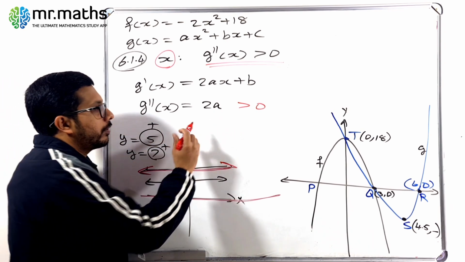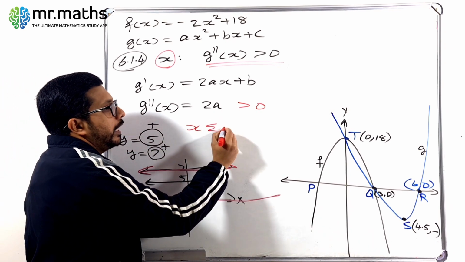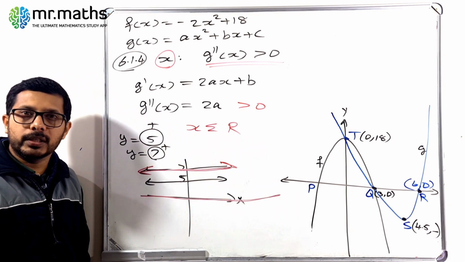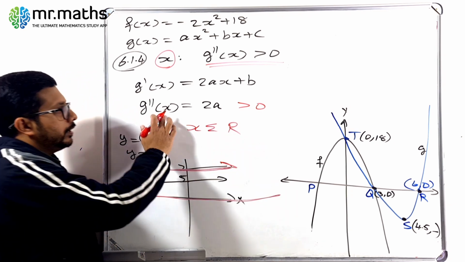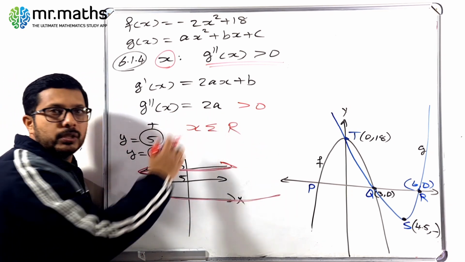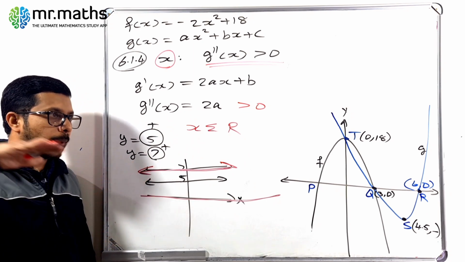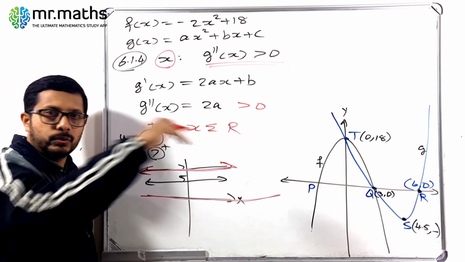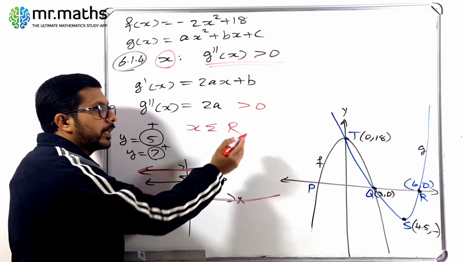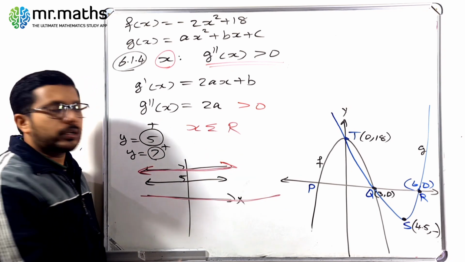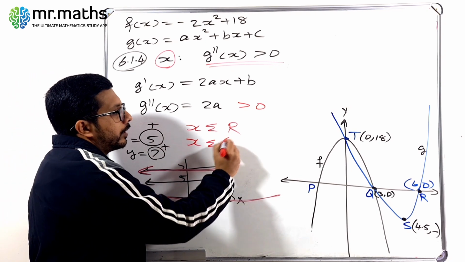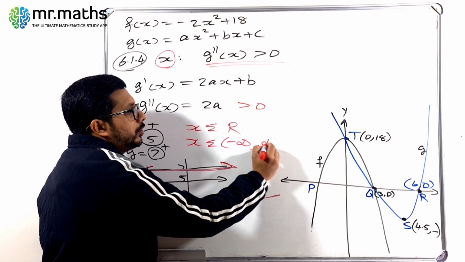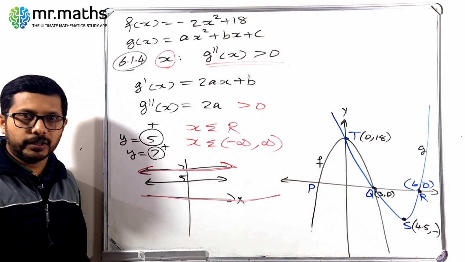So what is our answer? X can take any real number, because g double dash of x is a positive constant number. That means x can take any real number, or you can write it like this also: x is an element of minus infinity to positive infinity.